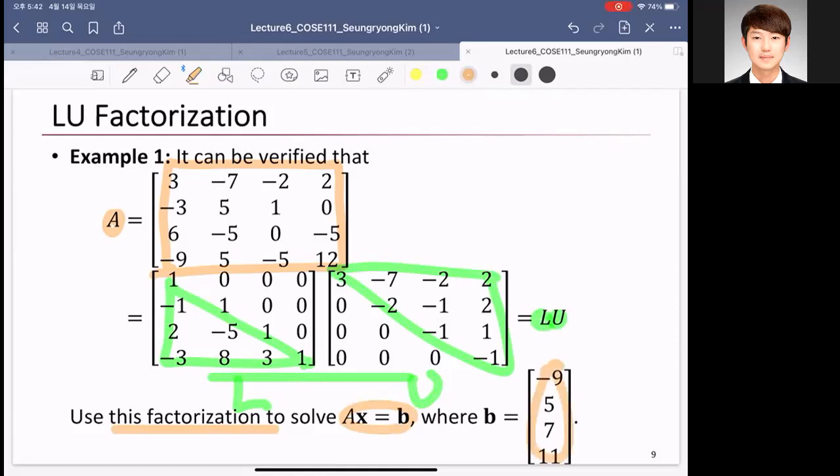What is our strategy? From the previous slide, we will decompose this solution procedure as Ly equals P first, and Ux equals y.